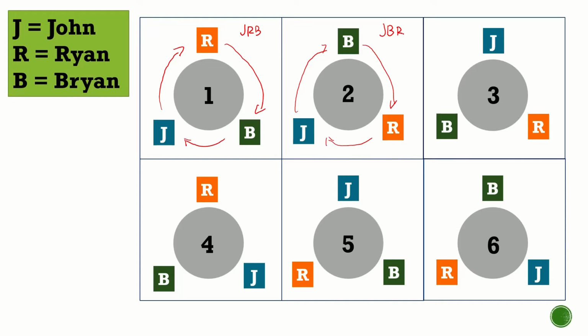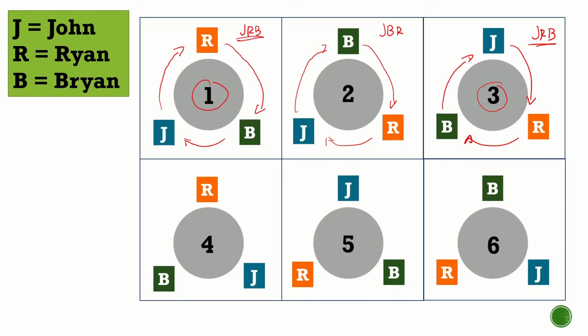Now, if you look at the third arrangement, if we start with John, after John is Ryan, and then Brian to John, meaning this is technically the same as the first one. It's the John, Ryan, and Brian arrangement in a counterclockwise manner, right? So if you move the chairs or start anywhere else, the arrangement is basically the same because this is a circular permutation, or the table is a circle. So arrangement 1 and arrangement number 3 are the same.